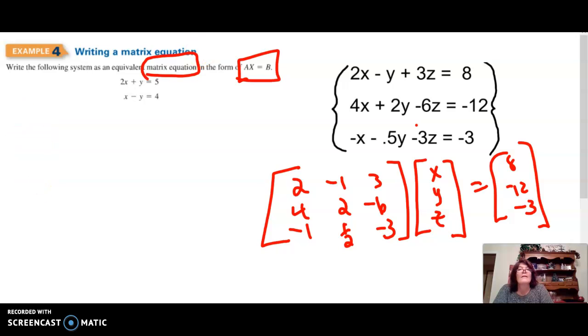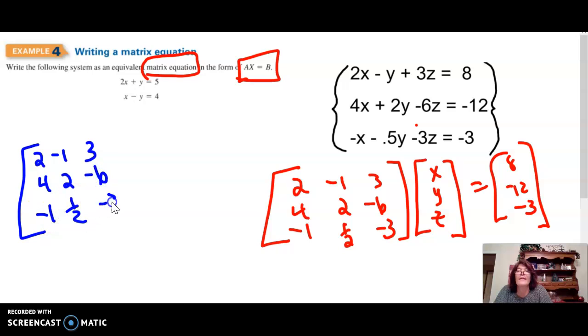To solve this, I'm going to take 2, -1, 3, 4, 2, -6, -1, 1/2, -3.